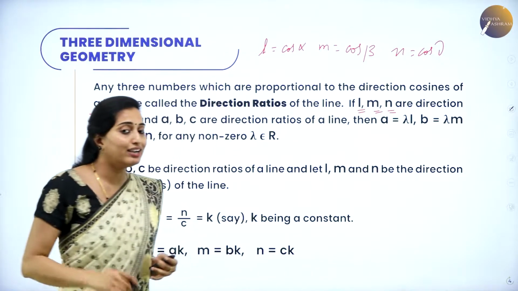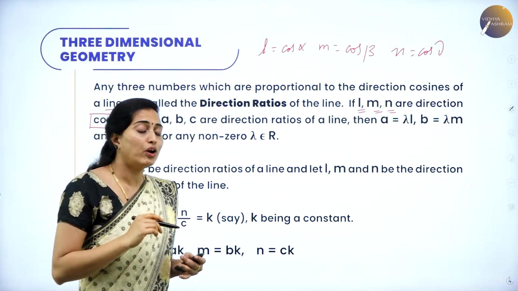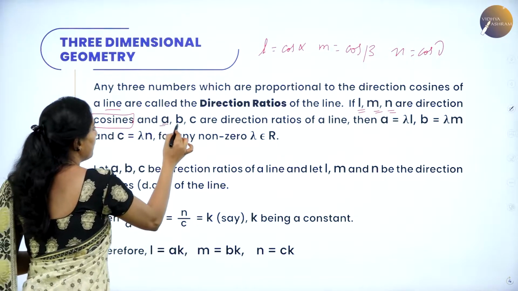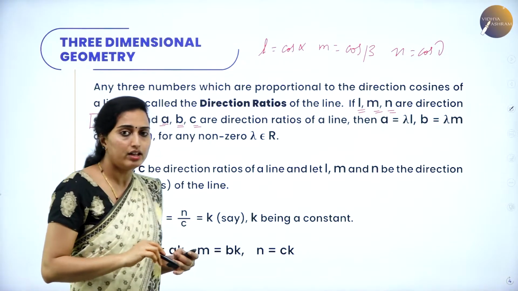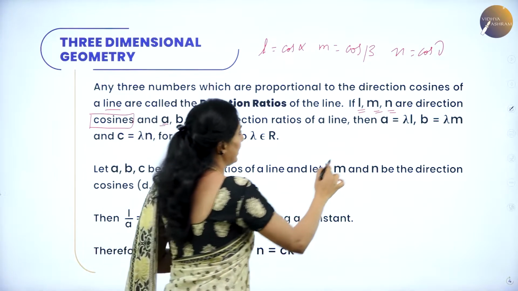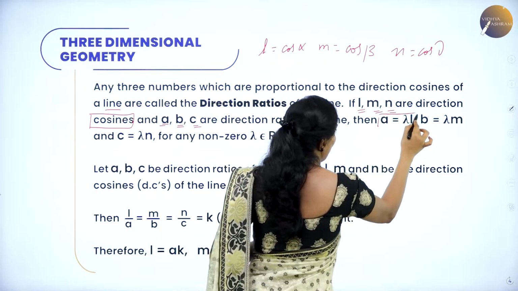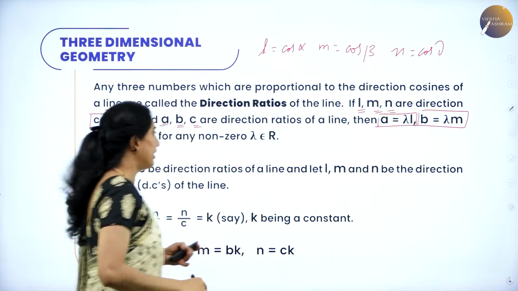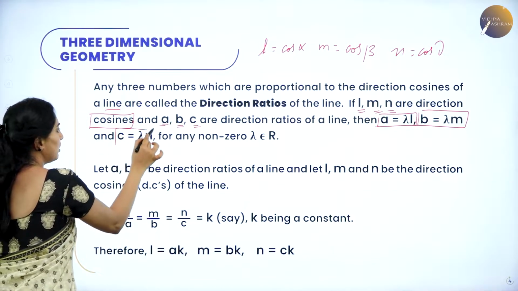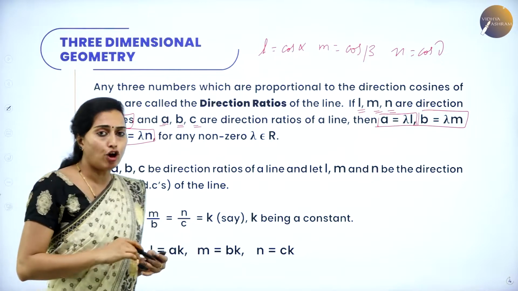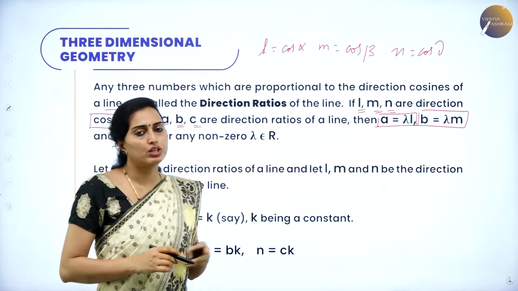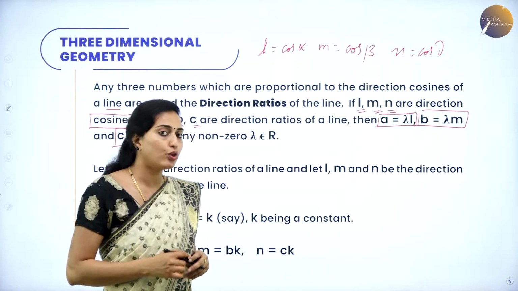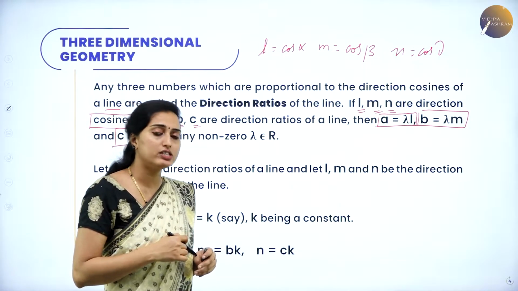These are the direction cosines, and the direction ratios are a, b and c. We write a equals lambda l, b equals lambda m, and c equals lambda n, for any non-zero lambda belonging to the real numbers. It cannot be 0.